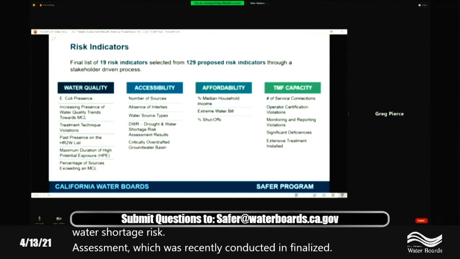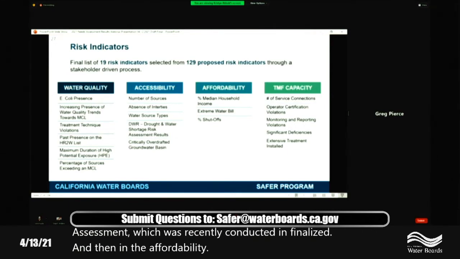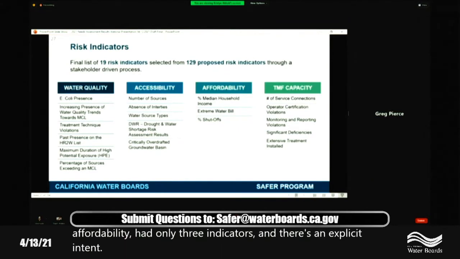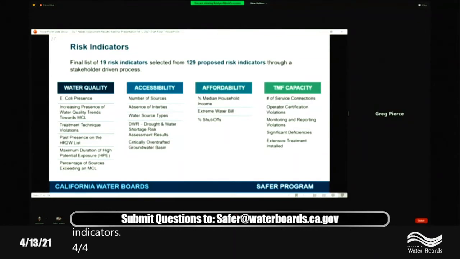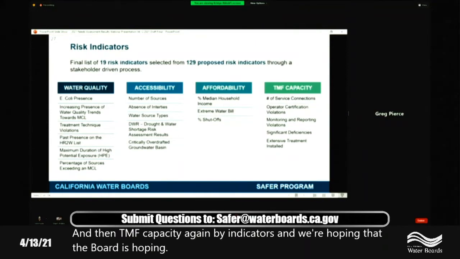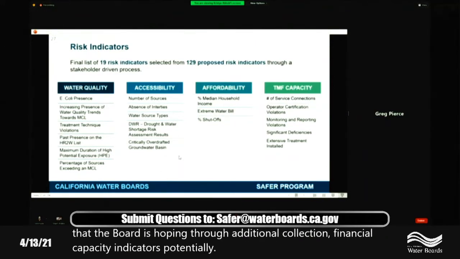And then in the affordability and TMF capacity bins, affordability has only 3 indicators, and there's an explicit intent by the water board to both increase and enhance the indicators for affordability in future risk assessments. And then TMF capacity, again, 5 indicators, and the board is hoping, through additional collection of financial capacity data, to potentially add indicators there as well. Next slide.